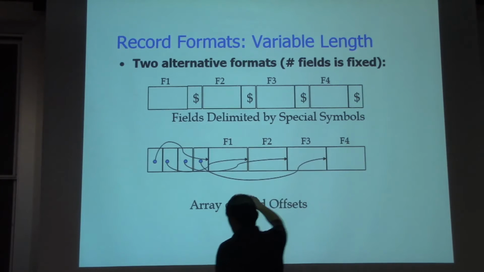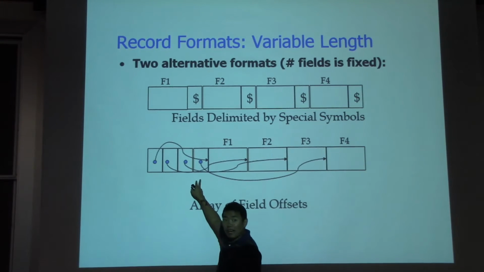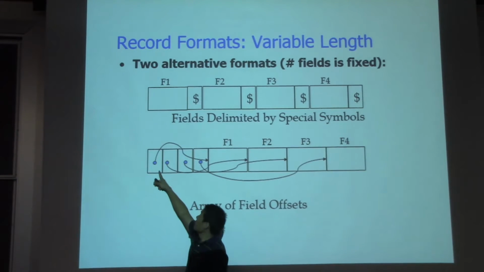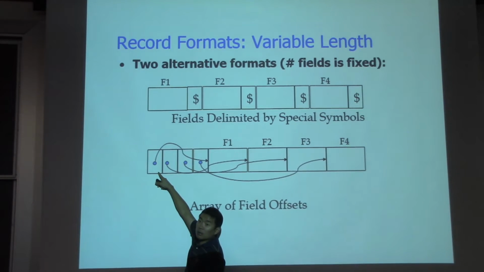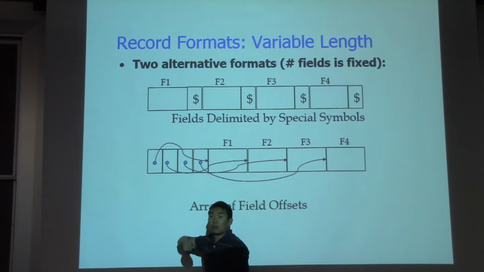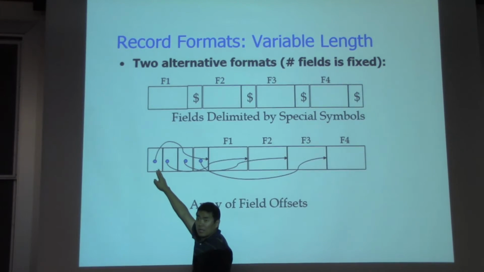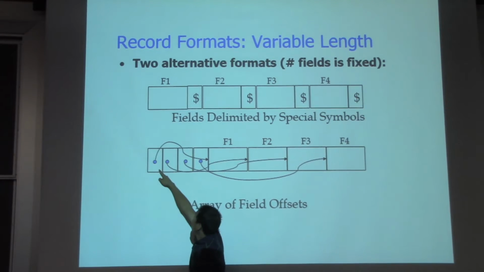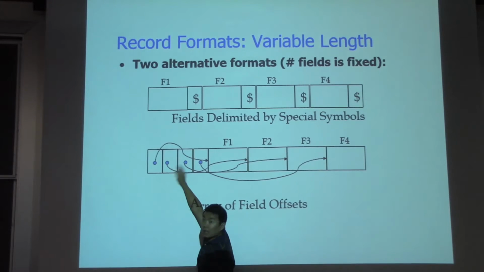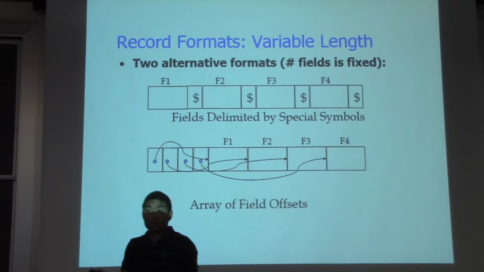These are drawn as pointers on the slide, but in reality, these are simply offset values. So this will be, for example, 0. No, not necessarily 0, because this will occupy some bytes as well. Let's say each of these occupies 2 bytes, so this will be 8. If this is 10, this will be 18, and so on. Okay, the offset values.